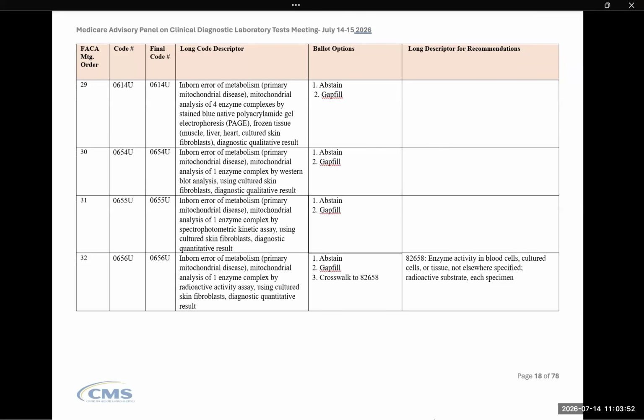Thank you. Do we have any other options, questions, or comments from panel members or CMS on this code? All right. If not, panel members, please cast your votes.